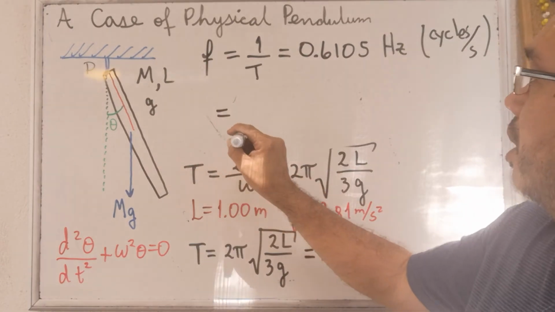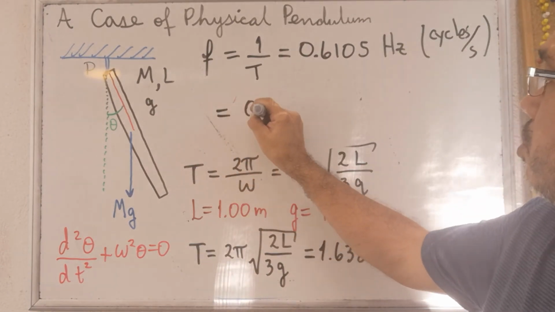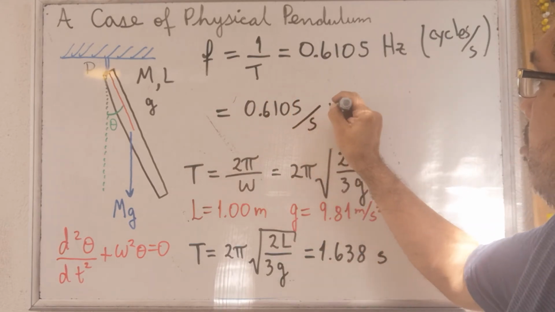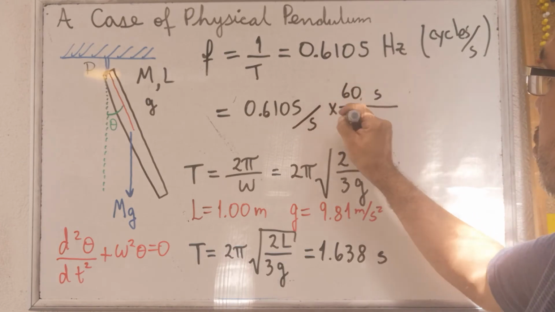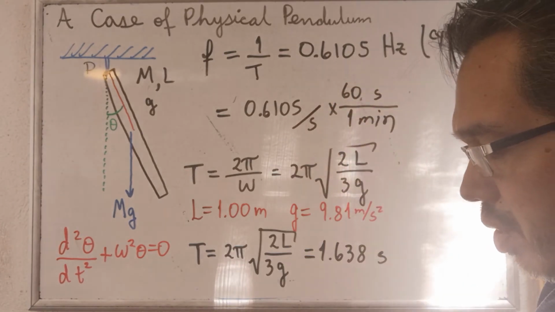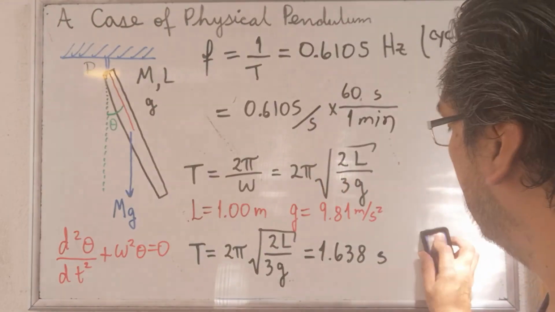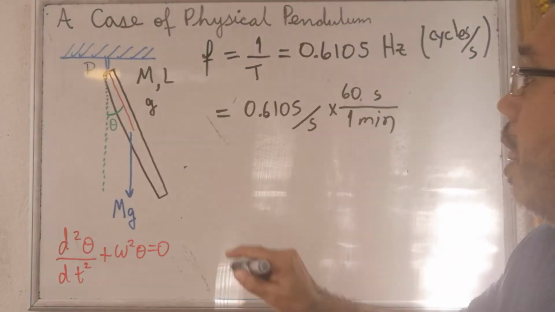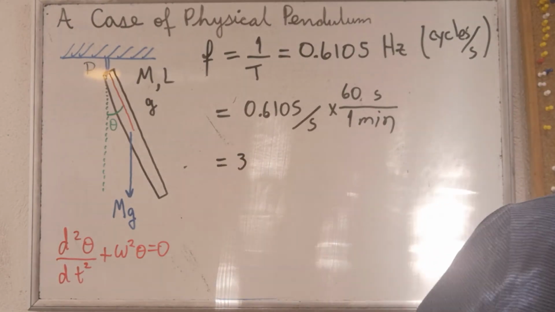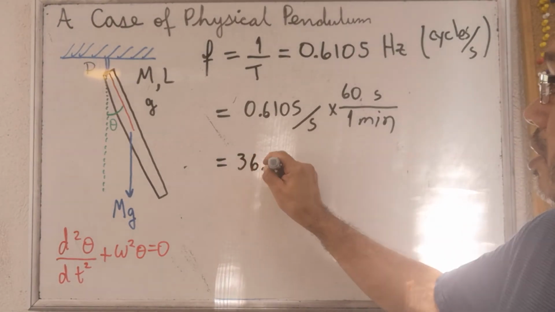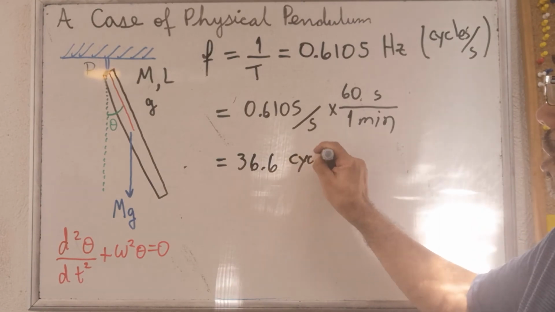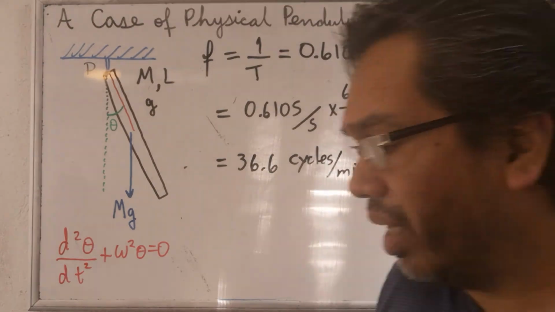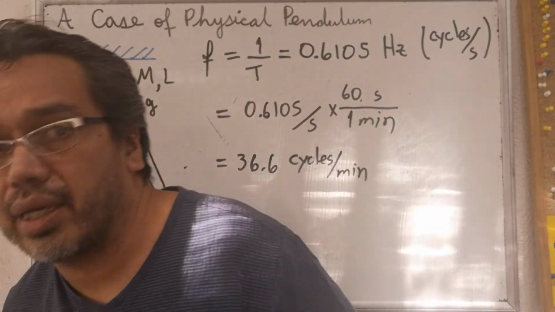Your frequency in cycles per minute will be 0.6105 per second times 60 seconds in 1 minute, which gives you a grand total, with 3 significant figures, of 36.6 cycles per minute. Now that's considerably easier to check.